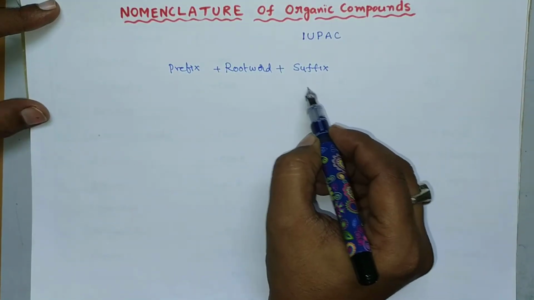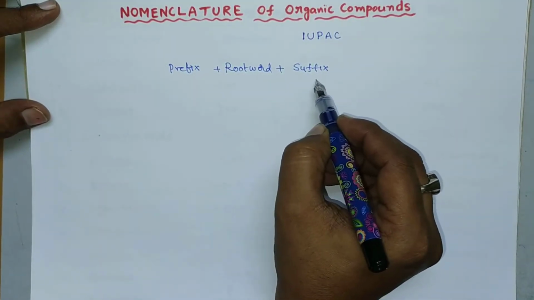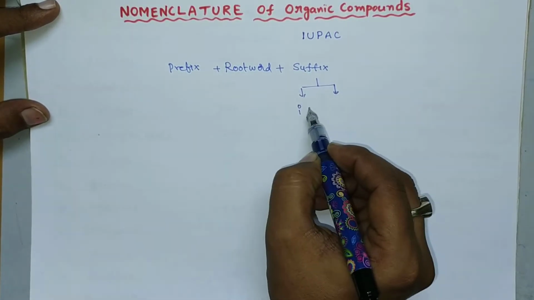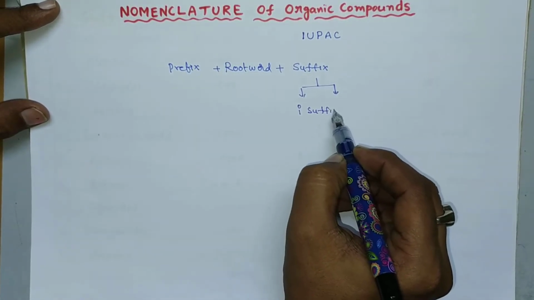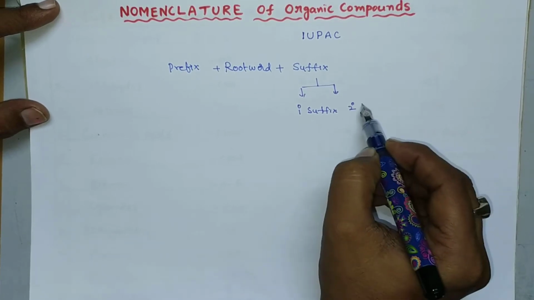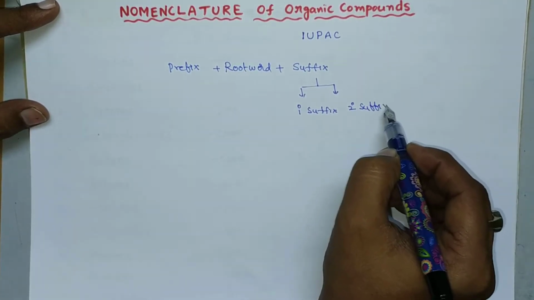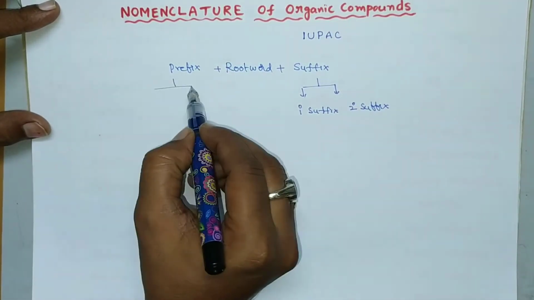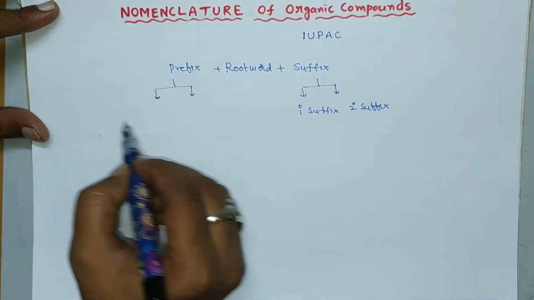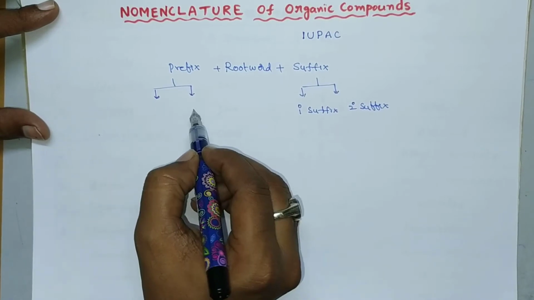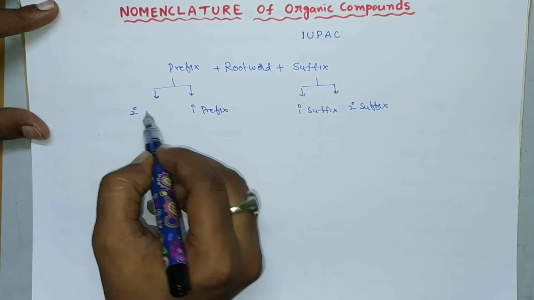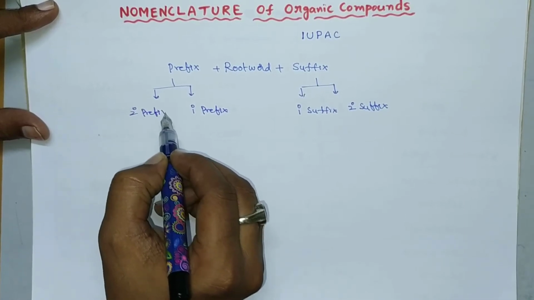Now this suffix is again classified into 2 types: the primary suffix and the secondary suffix. The prefix is also classified into 2 types: the primary prefix and the secondary prefix.